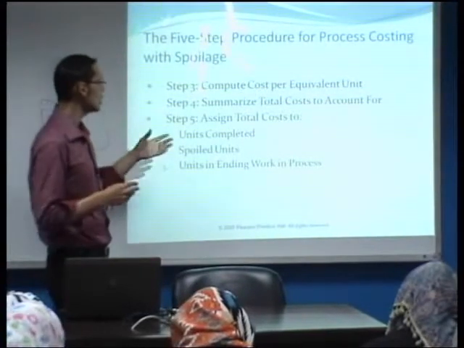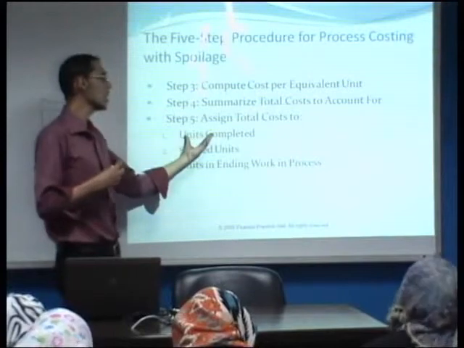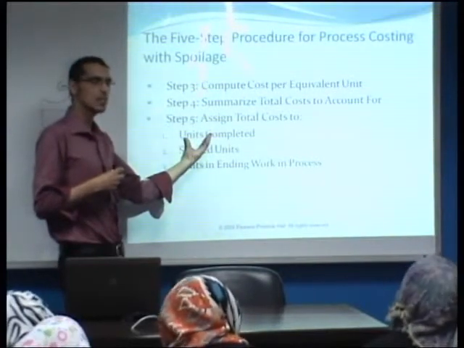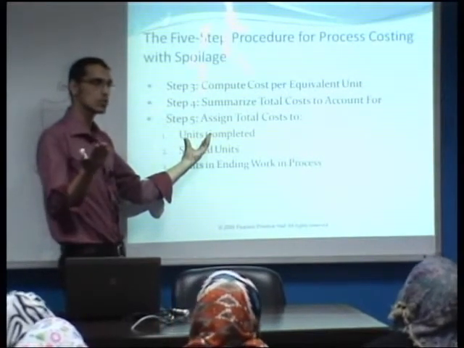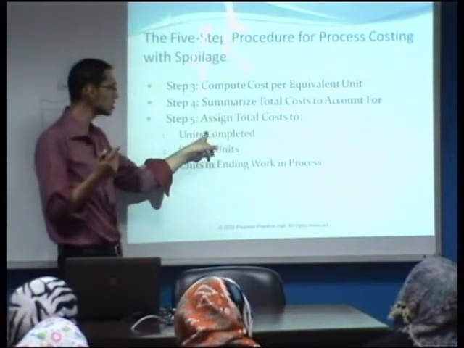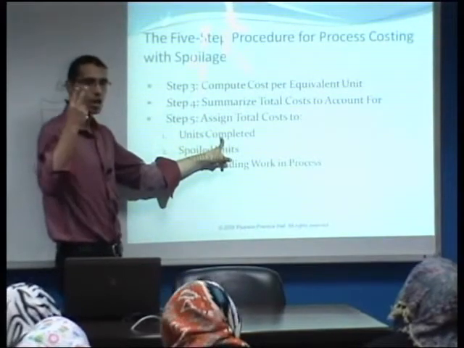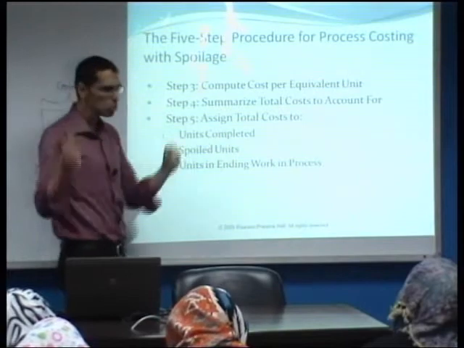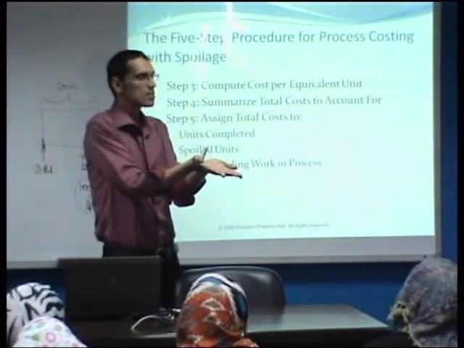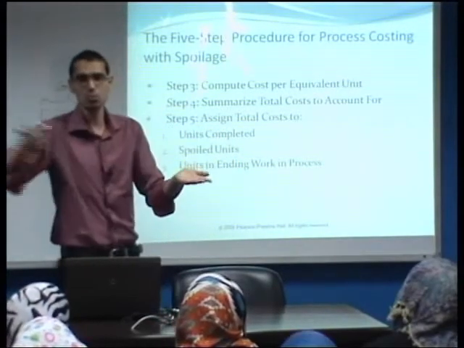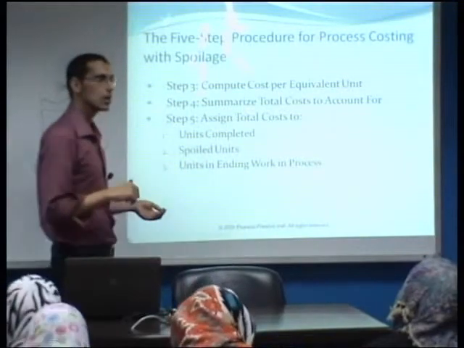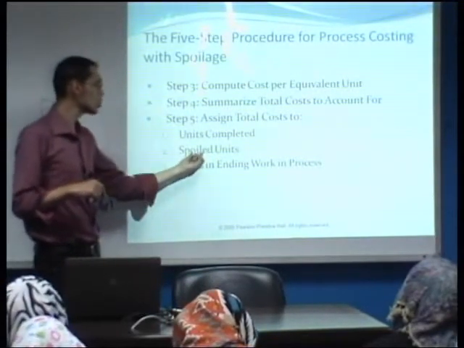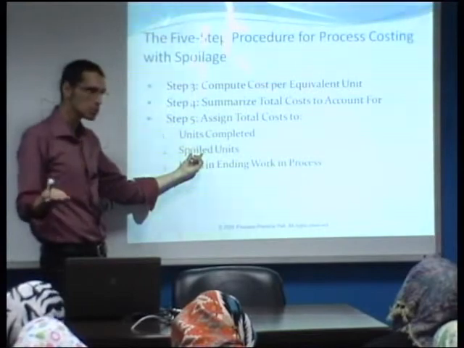The first, we need to assign the good units that are completed. What is the cost of the good units that are completed? Of course, the good units that are completed are 2 things: the good units or costs plus the normal spoilage that were incurred in the normal operations. Number 2 is the abnormal spoilage.